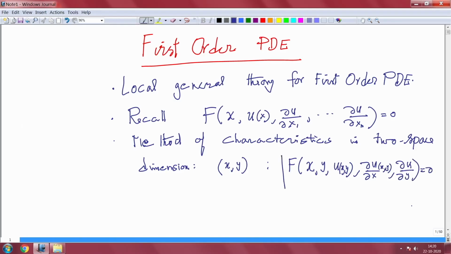So, this is the equation initially we are going to discuss. After discussing the 2 variable case, we will go to the n variable case.